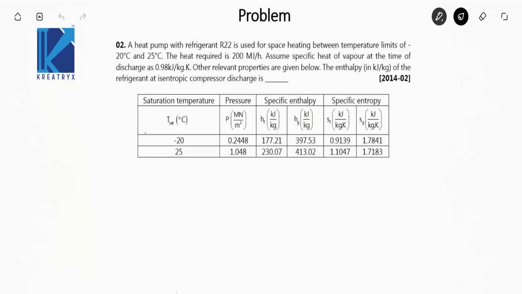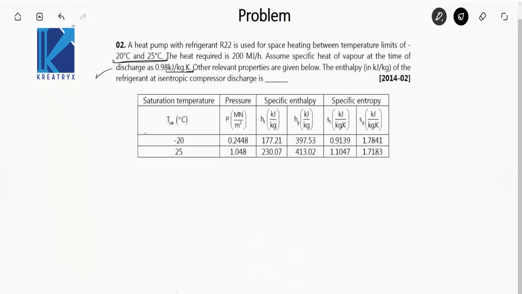Okay, the next problem is a heat pump with the refrigerant R22 used for space heating between temperature limits of 20 degrees Celsius and 25 degrees Celsius. These are the temperature limits given. The heat required is 200 megajoule per hour. Assume specific heat of vapor at the time of discharge as 0.98 kilojoule per kilogram Kelvin.